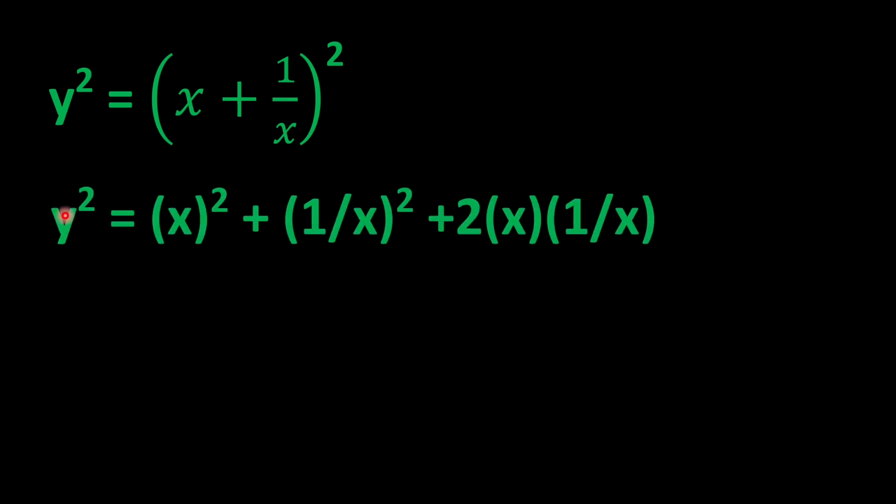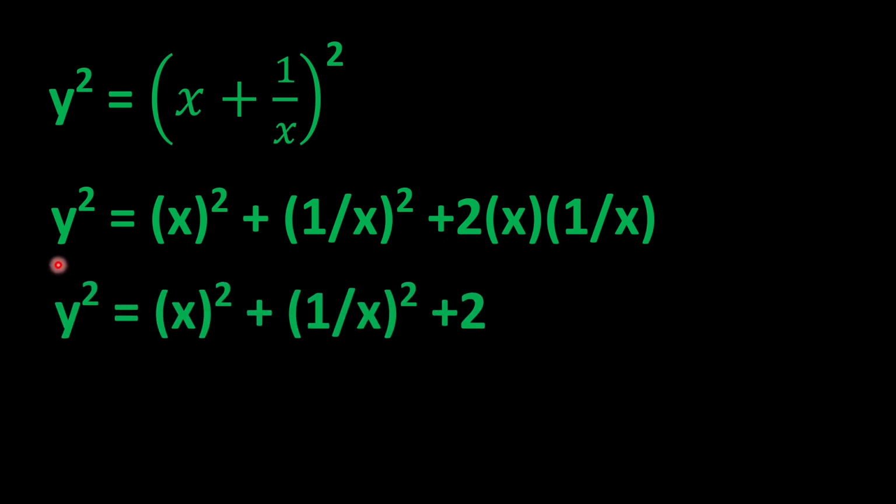Like this, the equation will become y square equal to a square, that's x square, plus b square, which is 1 over x square, plus 2ab. So now this x will cancel this x, so the remaining term will be plus 2 over here. So overall this equation will become y square equal to x square plus 1 over x square plus 2.